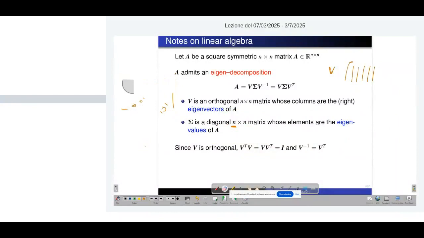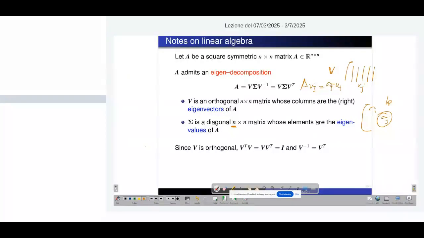And how are they arranged? Well, if Vj is the jth eigenvector of A, then sigma j, the element in the corresponding position on the diagonal matrix, is the corresponding eigenvalue. That means that A Vj is equal to sigma j Vj.